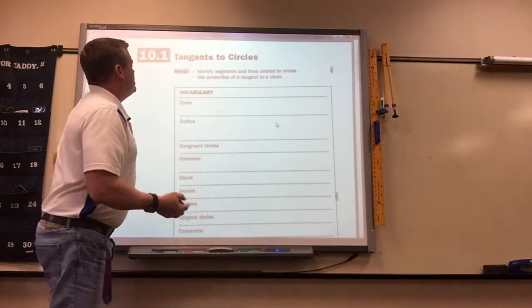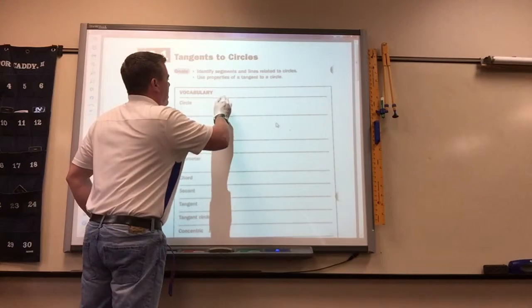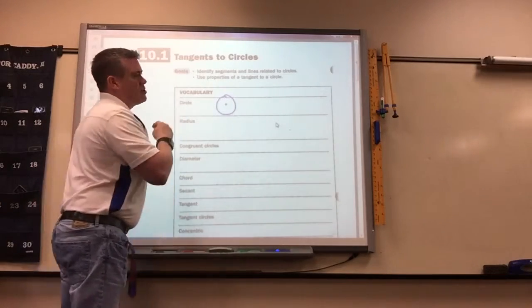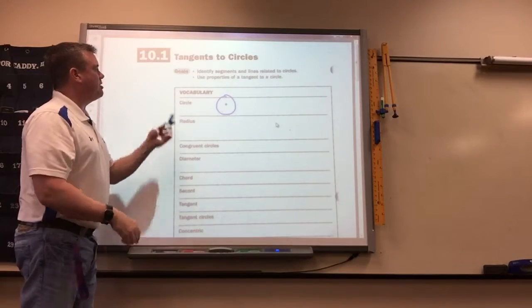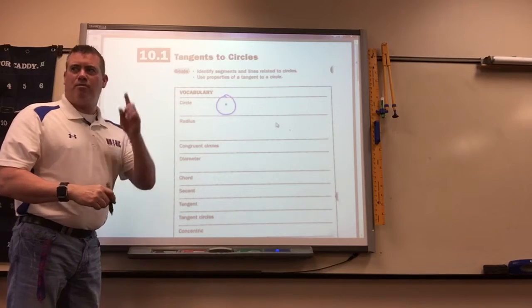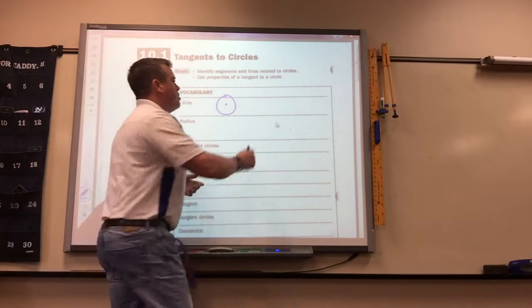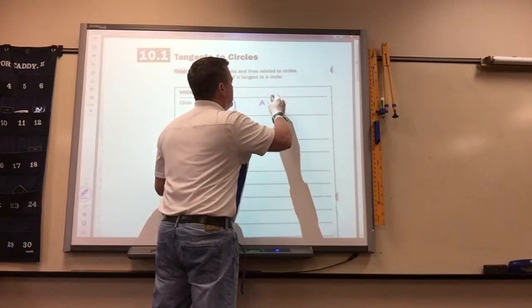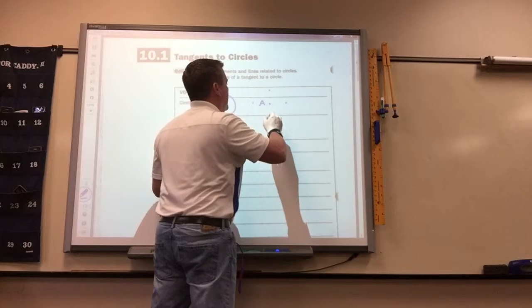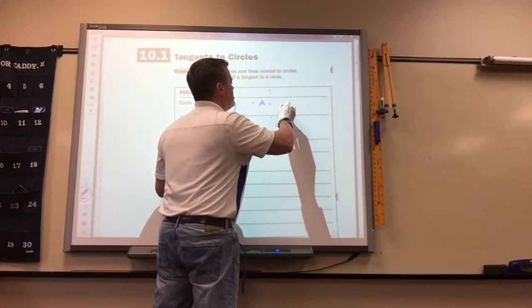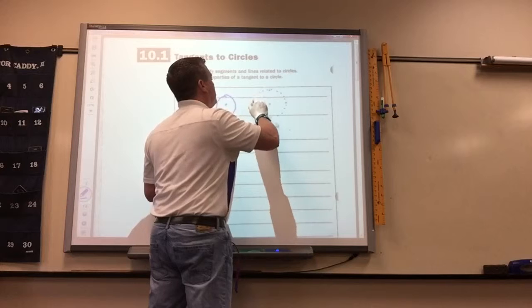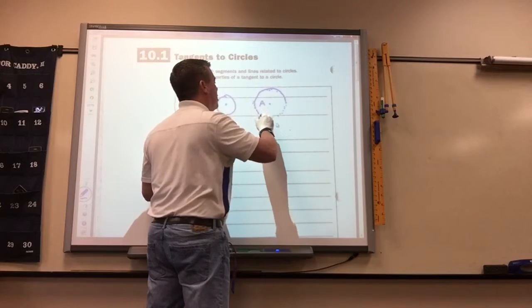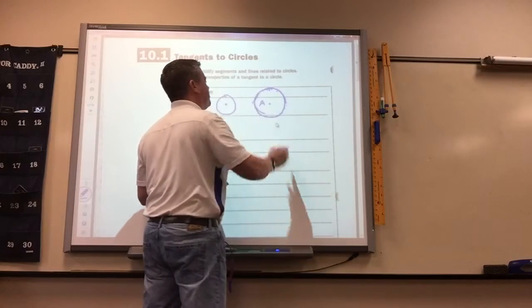So, everyone knows what a circle is, I hope. A circle has a center. The definition of a circle is the set of points equidistant from one single point. If you had a point and then you measured out like 3 inches in all directions, and kept putting points that were all 3 inches away, pretty soon the points would be so close together it would form a circle.